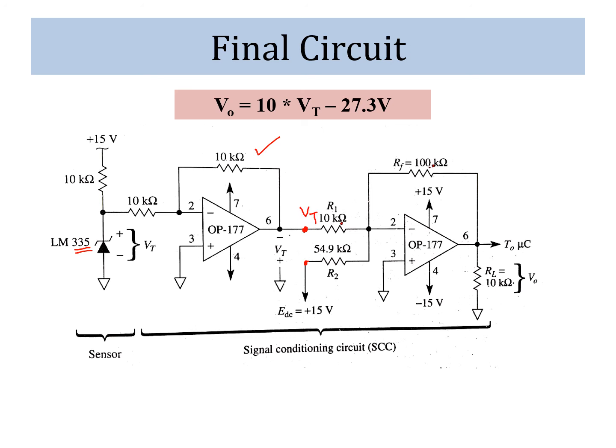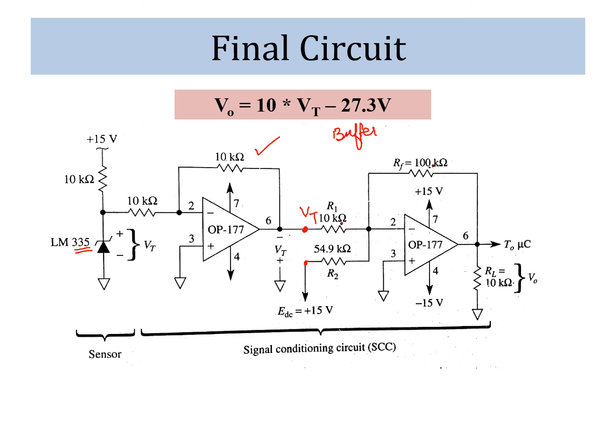So the two benefits are, number one, we are interfacing our transducer with our next signal conditioning circuit through an operational amplifier, which ultimately gives us a buffer or impedance matching. That is, isolation is being provided, so this op-amp is working as a buffer amplifier.